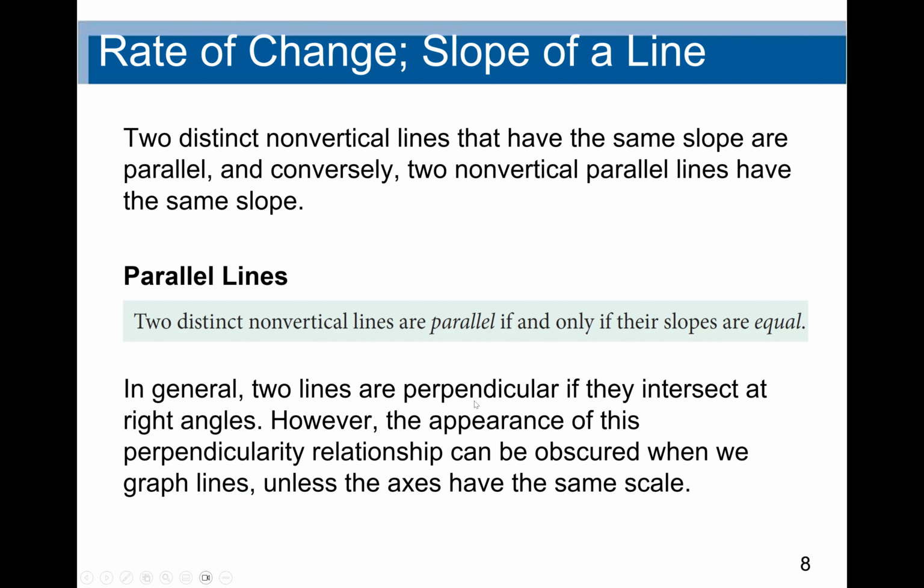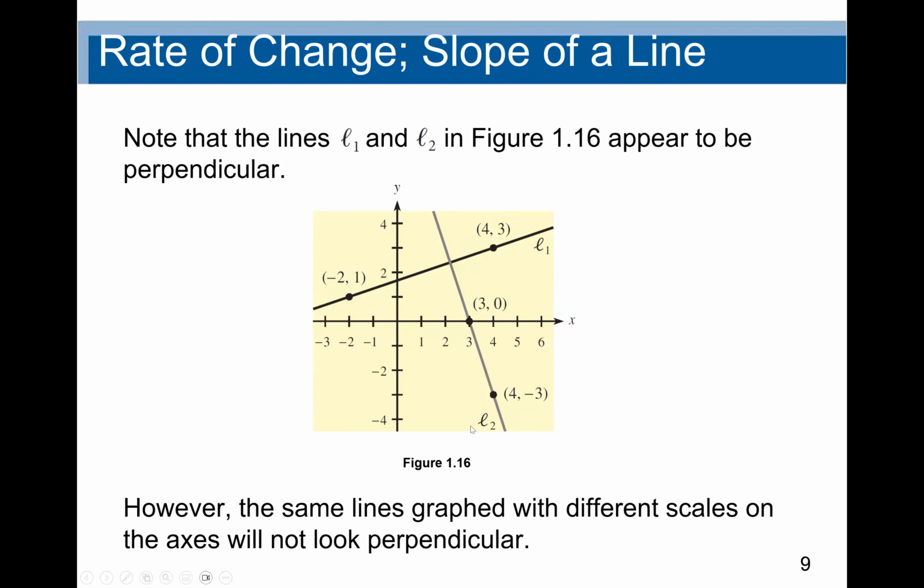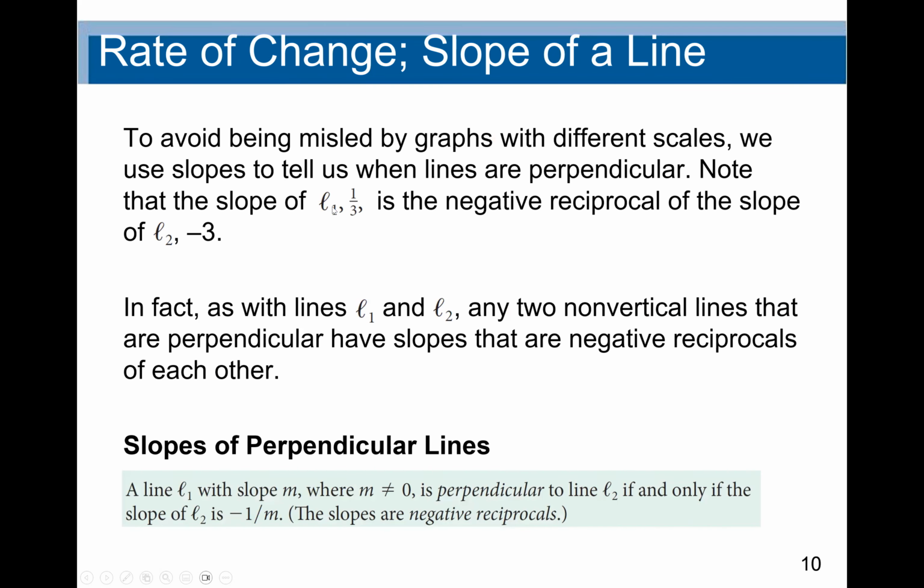Now, two lines also can be perpendicular, which means the intersection of the two lines is a right angle, 90 degrees. So we have a rule that if two lines have the same slope, they are parallel. But for perpendicular, the rule says the slopes are negative reciprocals. For example, if the slope of line 1 is 1/3, the reciprocal of 1/3 will be 3, and since it's positive, it will be negative.